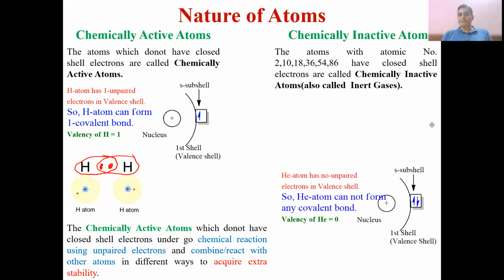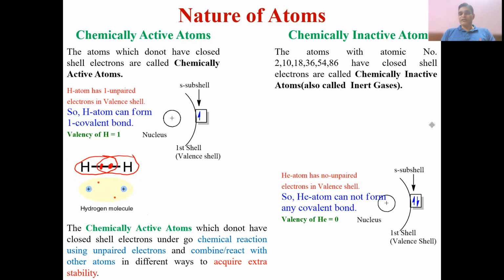You can see in the example, we have taken here the example of helium, that is the group 18 element, atomic number 2, and its configuration is 1s2. These two electrons are present in the first shell, which has only the s subshell. These two electrons are present in the same orbital with opposite spin according to the Pauli exclusion principle.